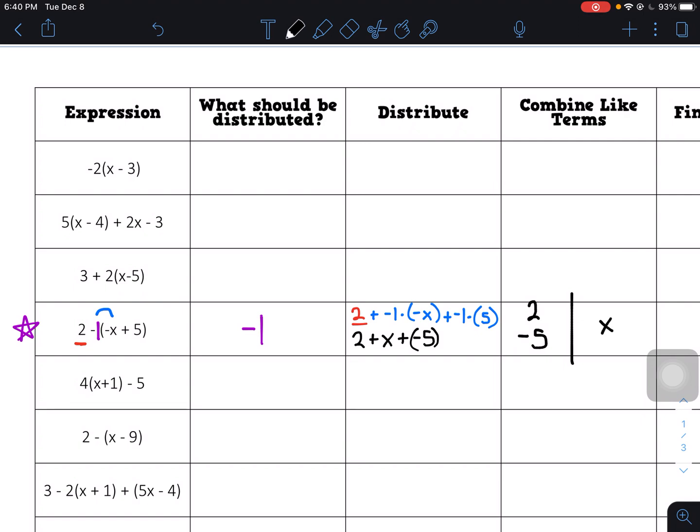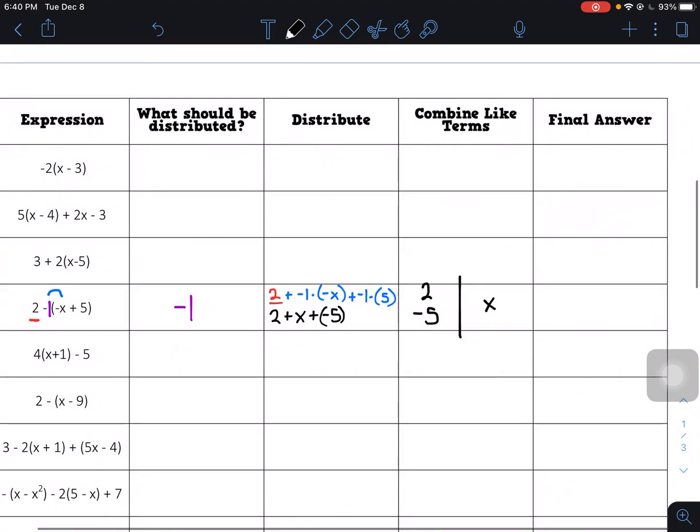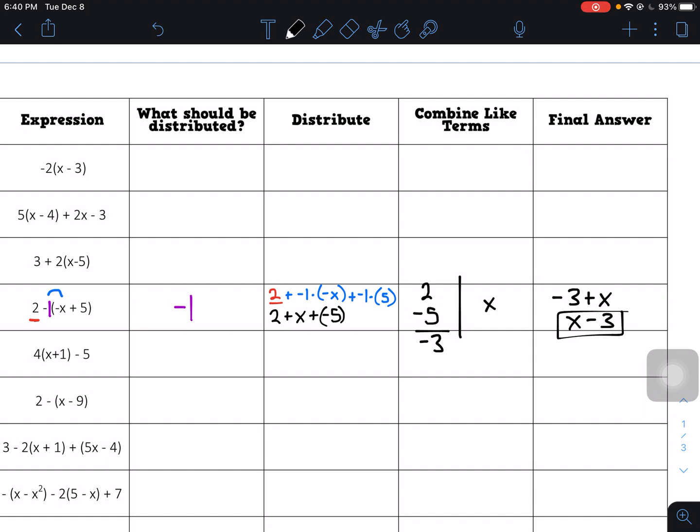On the other side, I just have an x. 2 minus 5 would be -3. So my final answer is -3 plus x, or I could also write that as x minus 3.